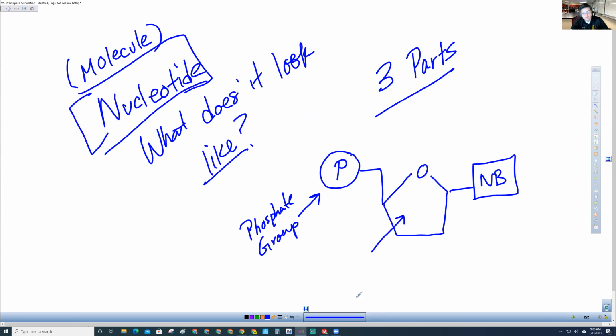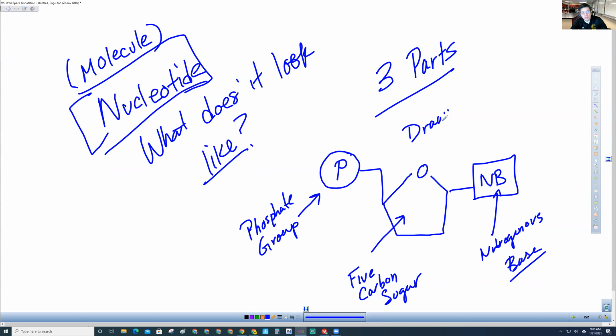What's this part called? 5-carbon sugar. Very good. And what's this part called? The nitrogenous base. It's all right. Nitrogenous base. Very good, right? And so a nucleotide is a molecule that looks like this, right?